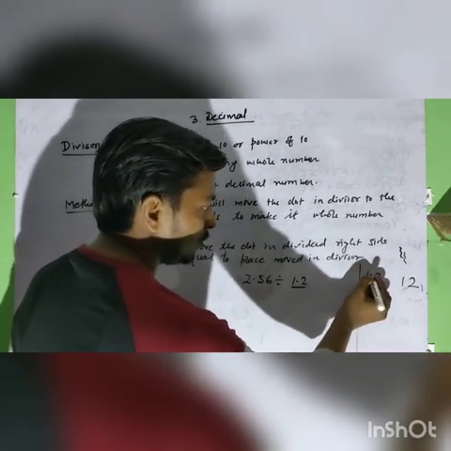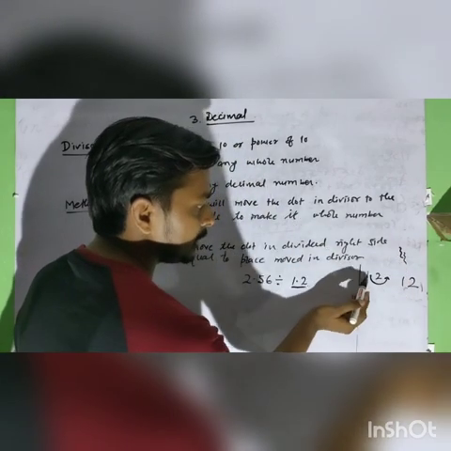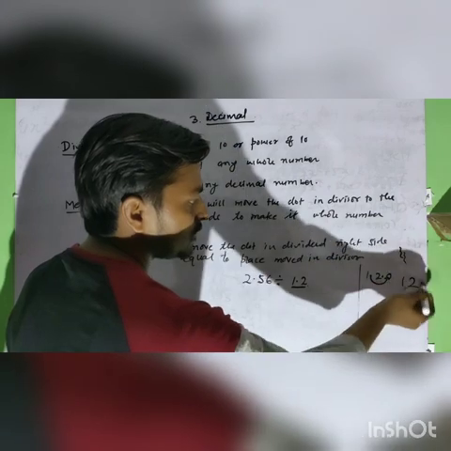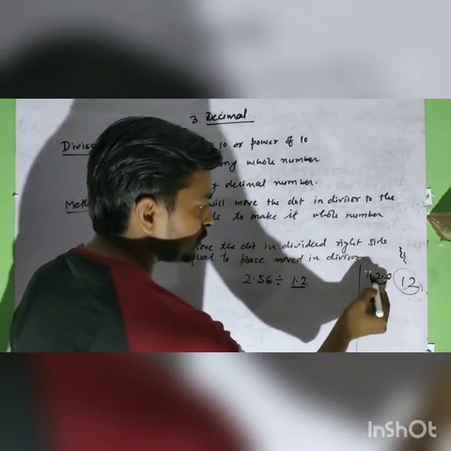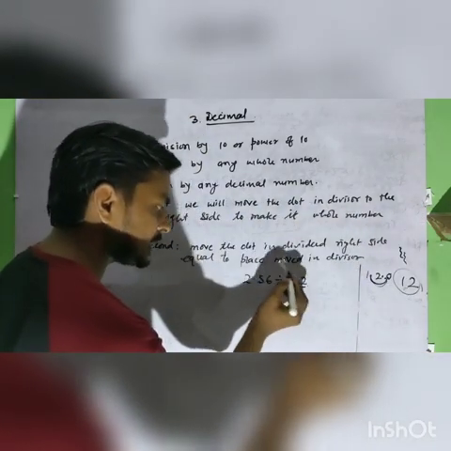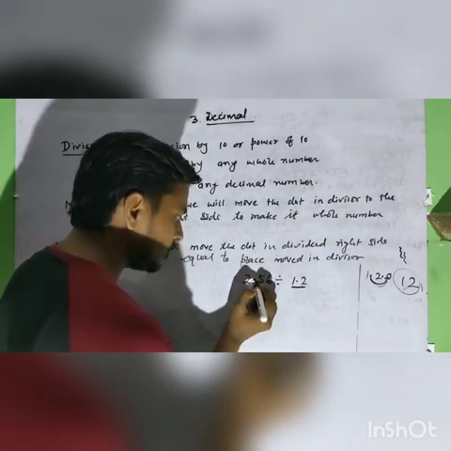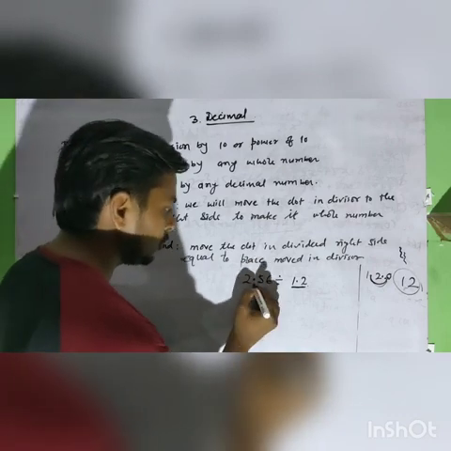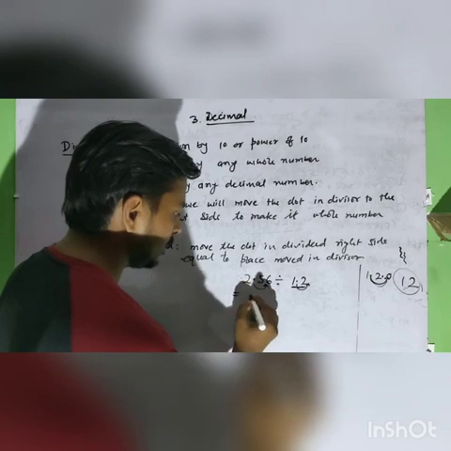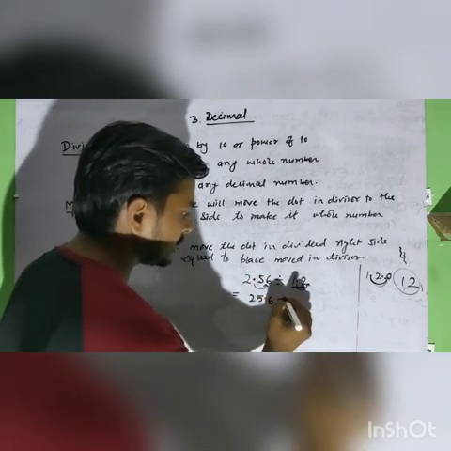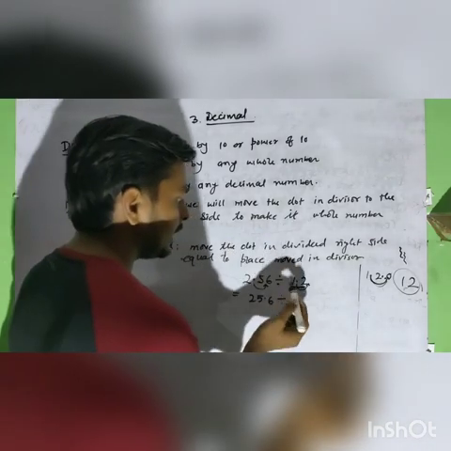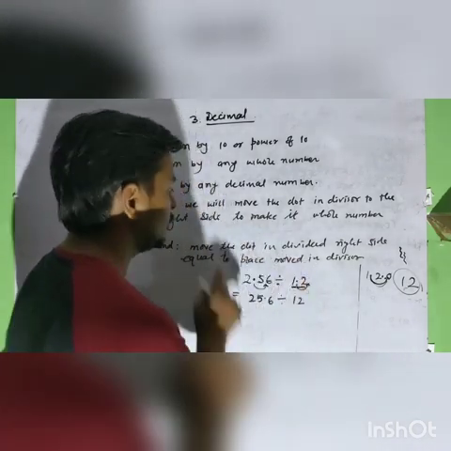To make it a whole number, this dot should be here, so it will be 12.0, means 12. How many places does it move? One place. So one place it is moving right side, so the same place it will move in the dividend also. So one place here and one place here, so it will become 25.6 divided by 12.